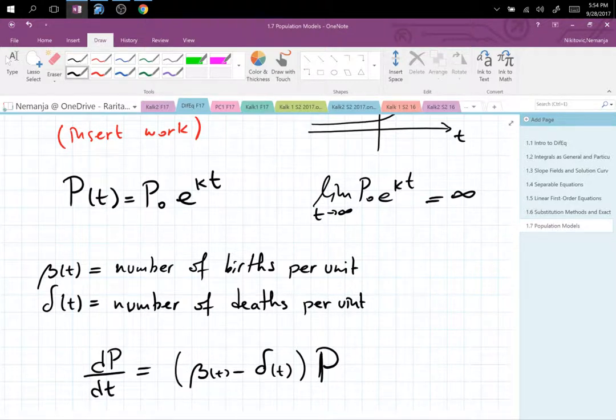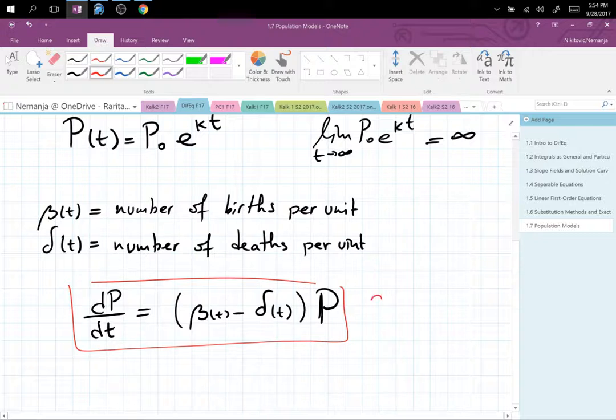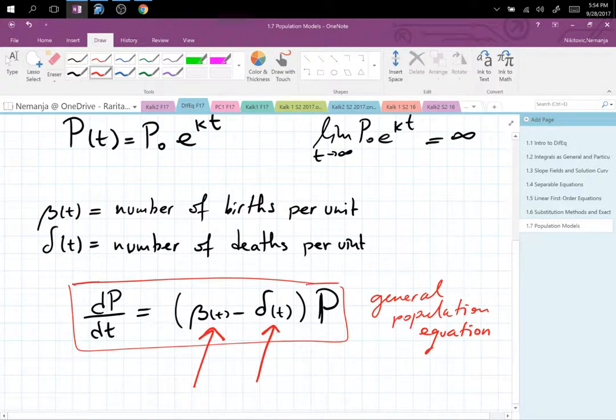So that would be what we define as the general population equation. And one more time, as you can see, it contains birth rate and death rate as separate entities rather than mushed all into one constant k.